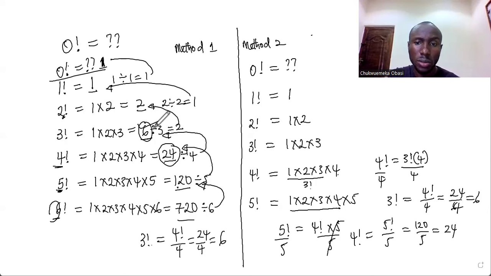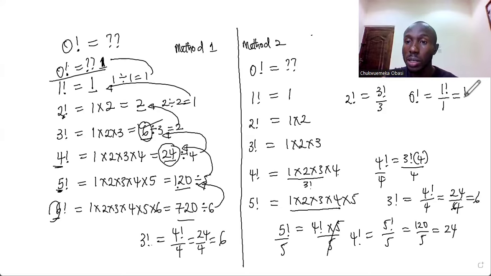If I want to get 2 factorial, that will be 3 factorial over 3. So if I want to get 0 factorial, that's going to be 1 factorial over 1. And what is 1 factorial? That is 1 over 1. And 1 divided by 1 is simply going to be 1.